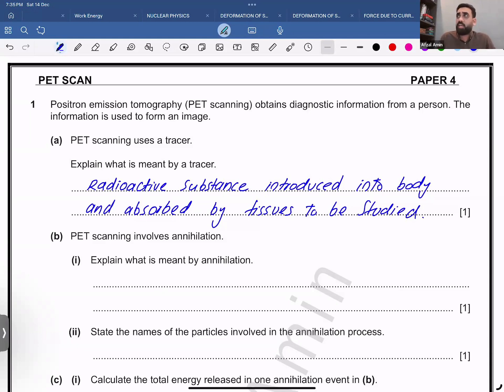PET scanning involves annihilation. What is meant by annihilation? When a particle interacts with its antiparticle, their mass changes into energy in the form of gamma ray photons.